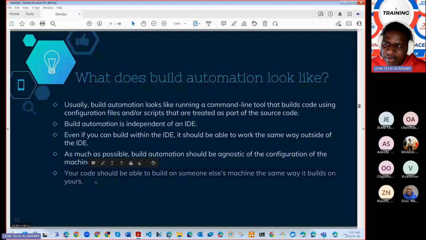Newsflash, we don't have any business whether the code builds well or not. But what we want to achieve as DevOps engineers, as individuals who want to implement the DevOps practice of build automation, is to make sure that this code is agnostic in the sense that it can build on any system.